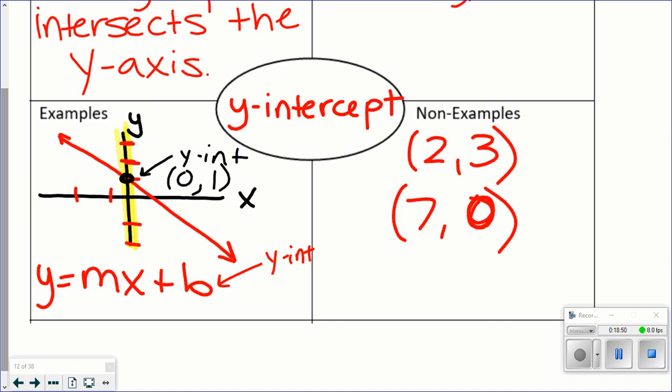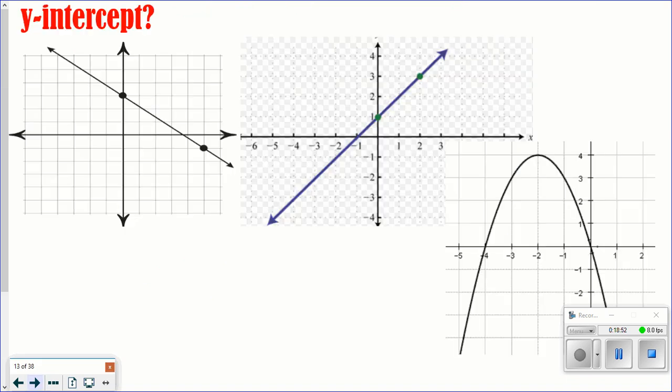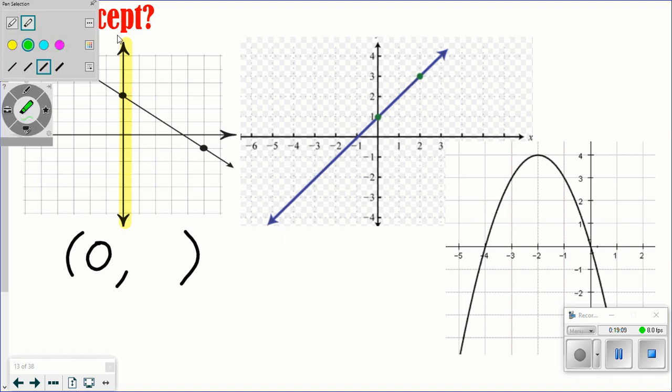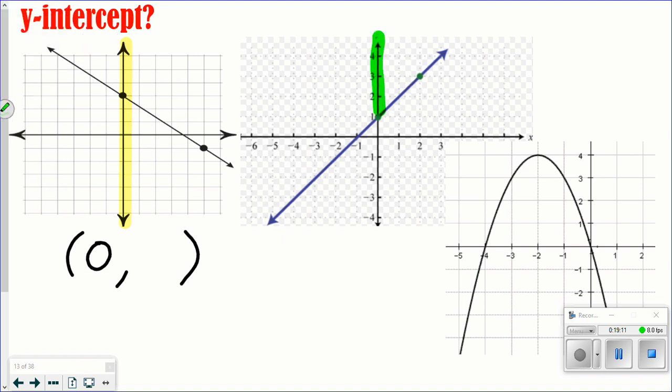So if we go and look at these graphs right here, okay, your y-intercept, I kind of want you to look and practice writing down what you think your y-intercept is. 0, comma, where does it cross your y-axis that I just highlighted? Same thing here. Where does it cross?